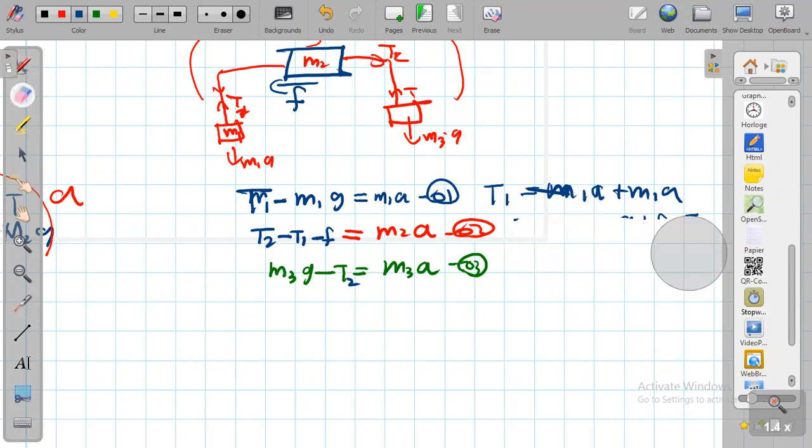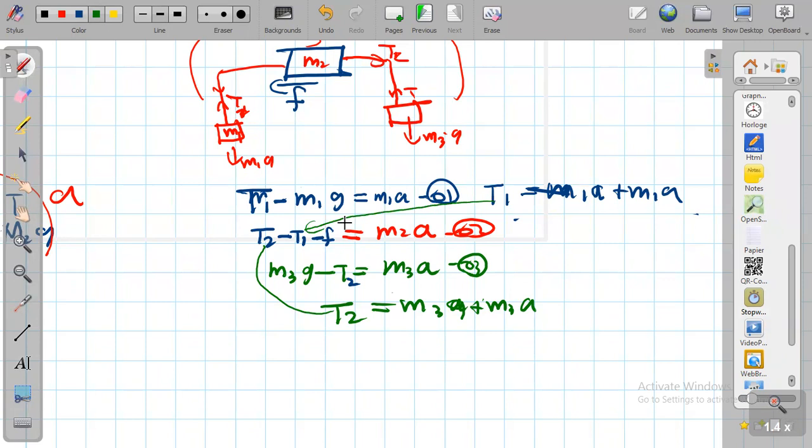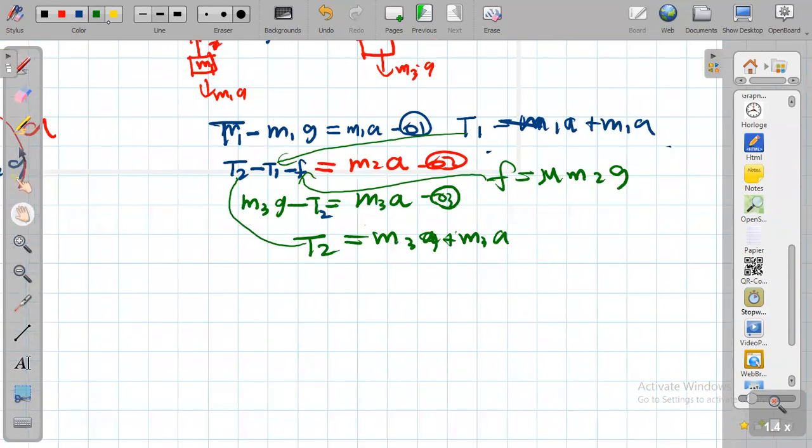I can go for that in an even smaller way. I can get T2 from this one. T2 equals M3G plus M3A. So I can plug these two results to here. And we know frictional force is what? Frictional force is mu M2G. I can also plug this result to here and finally find out the result I want.